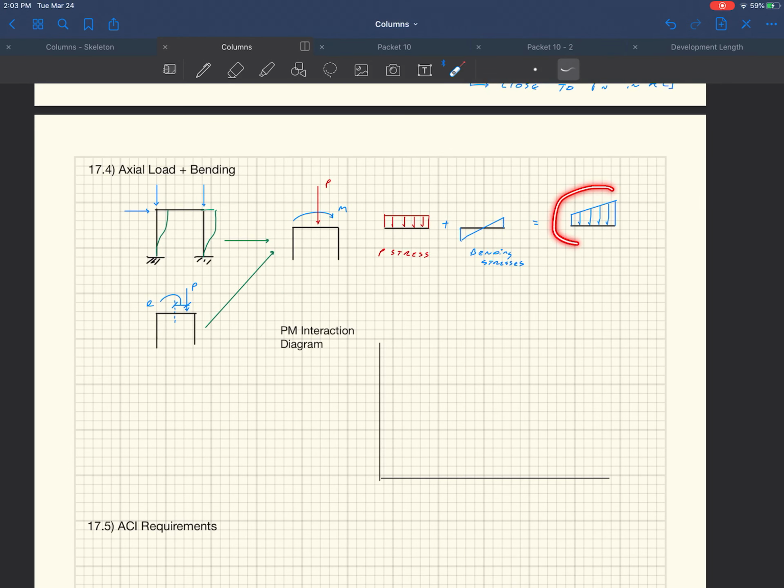And so obviously with that type of behavior, it's not going to be the same mechanics for calculating its capacity. It's close, to be honest. The mechanics that we had for bending and for axial load are pretty close to each other. The procedure where you lay out the strains, then look at the stresses, then look at the forces and apply equilibrium, when you do more complicated columns with axial load and bending, it's the same process.